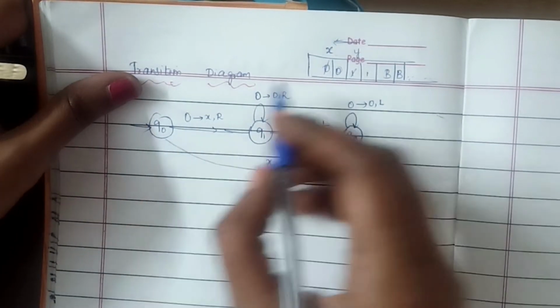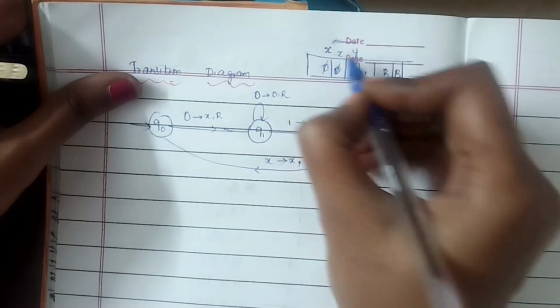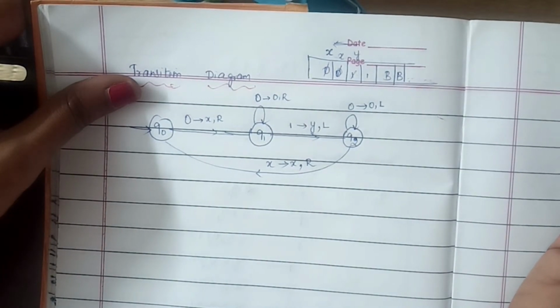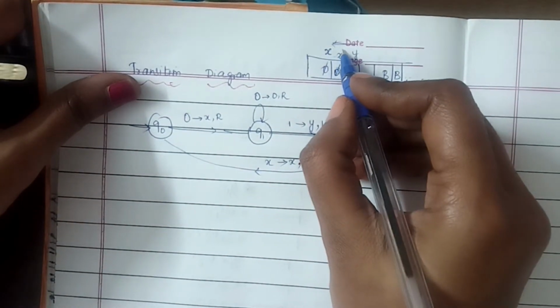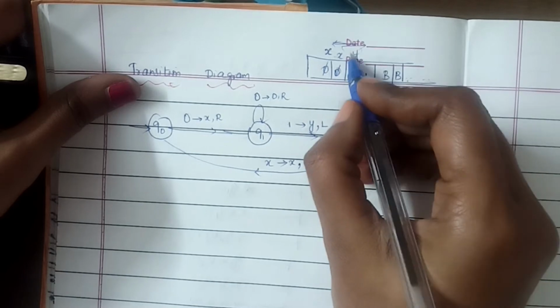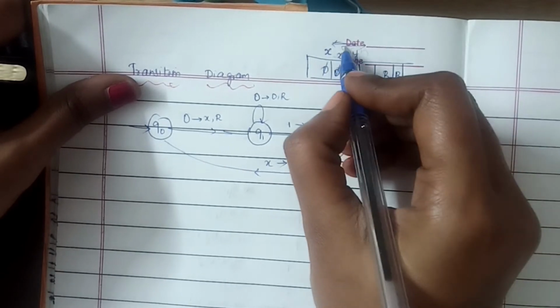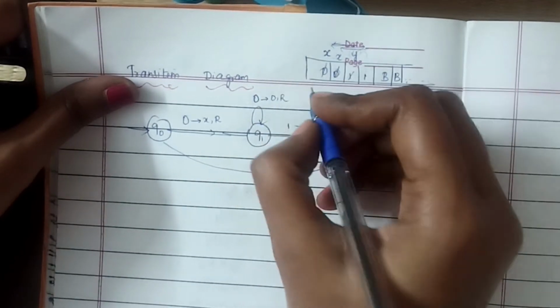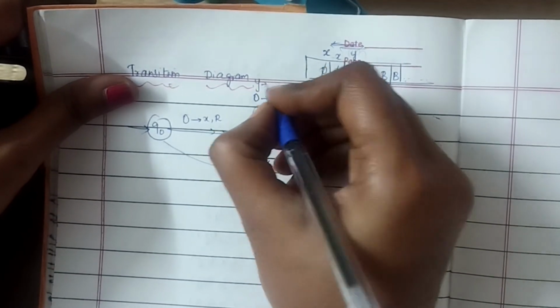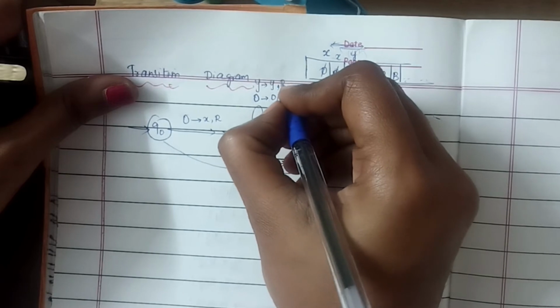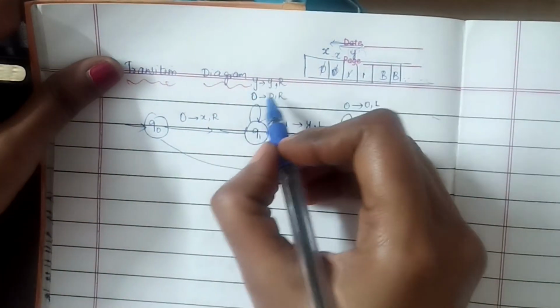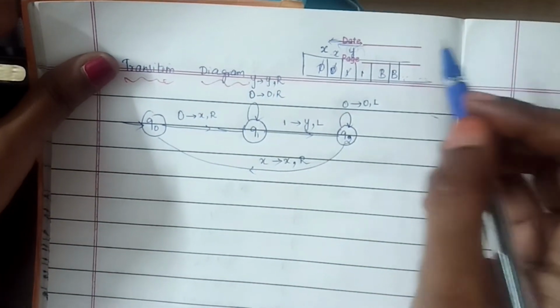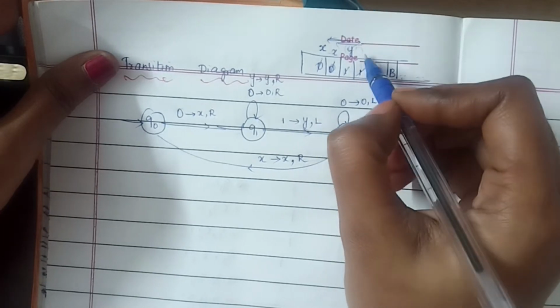After that, when you see this x, you replace it again with x and go in the right direction until 1 occurs. When you go rightward and see y, there is no other move; it stays y and you go right. When you see this 1, it has to be changed to y.